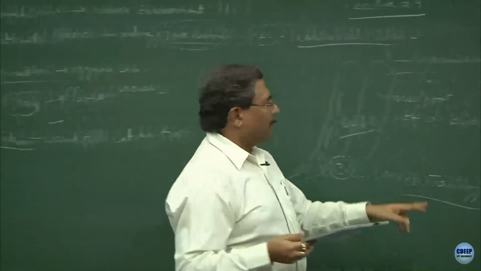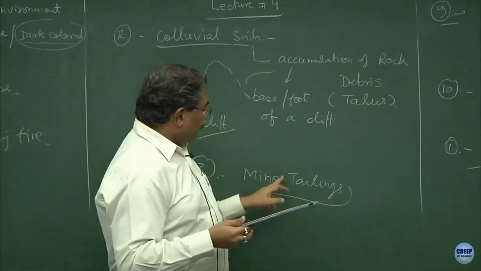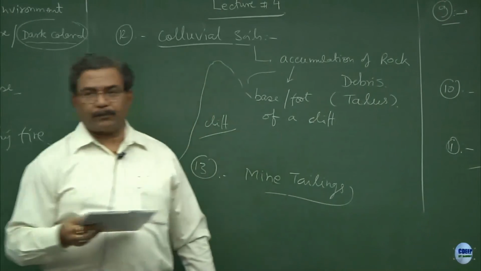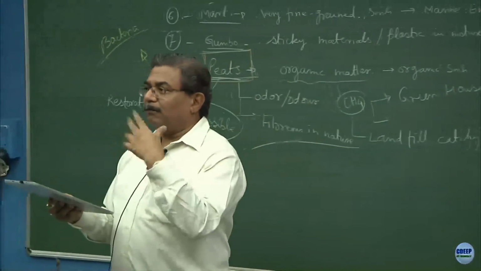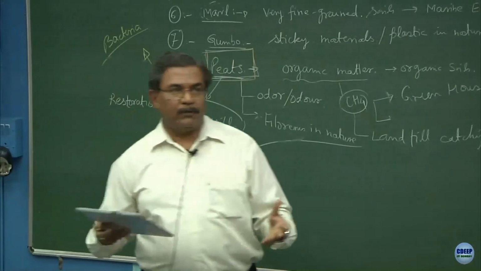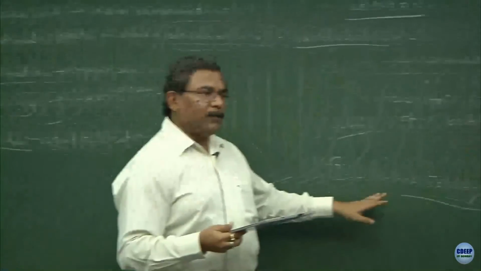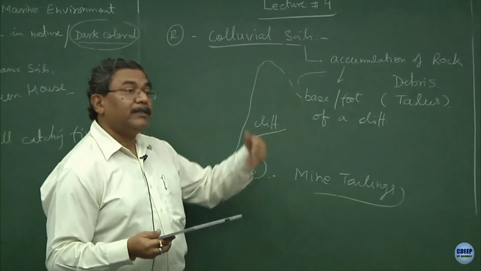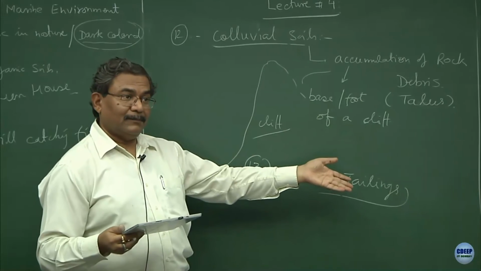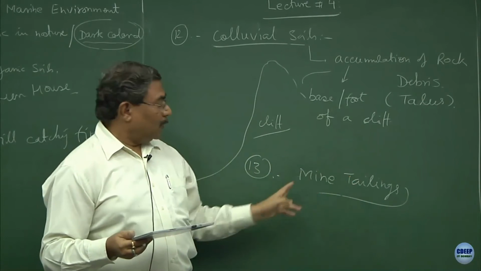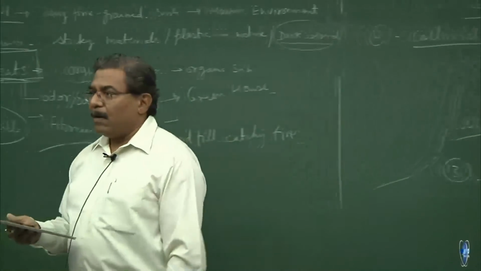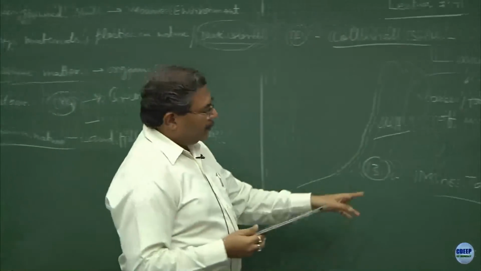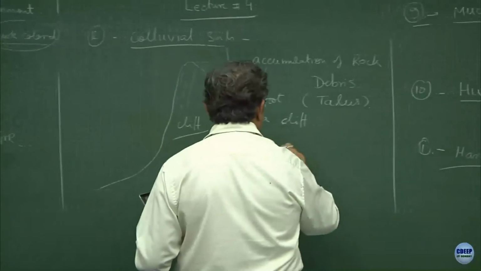Some of these dumps are the mine tailings. You take out the mineral from the mines, process them, extract the good part which is useful to you, 80% remains unutilized, and you throw it somewhere. Clear? Soils formed because of human activities. Mine tailings are one, mostly silty materials.